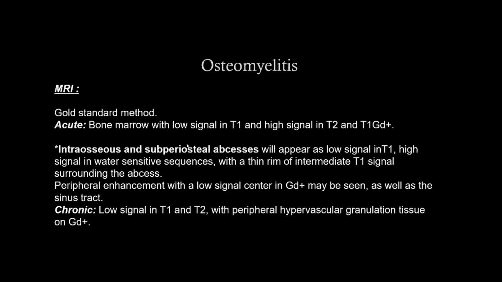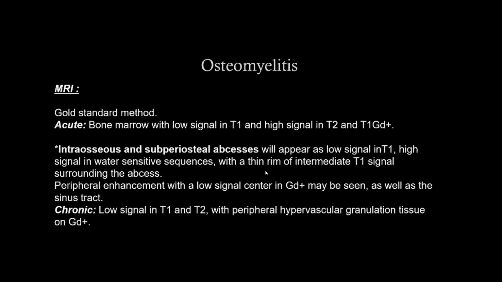We sometimes have what's called the ghost sign. I will explain it later. Peripheral enhancement with low signal in gadolinium may be seen, as well as the sinus tract. In the chronic phase there is low signal in T1 and T2 with peripheral hypervascular granulation tissue, which may have a role in the ghost sign.